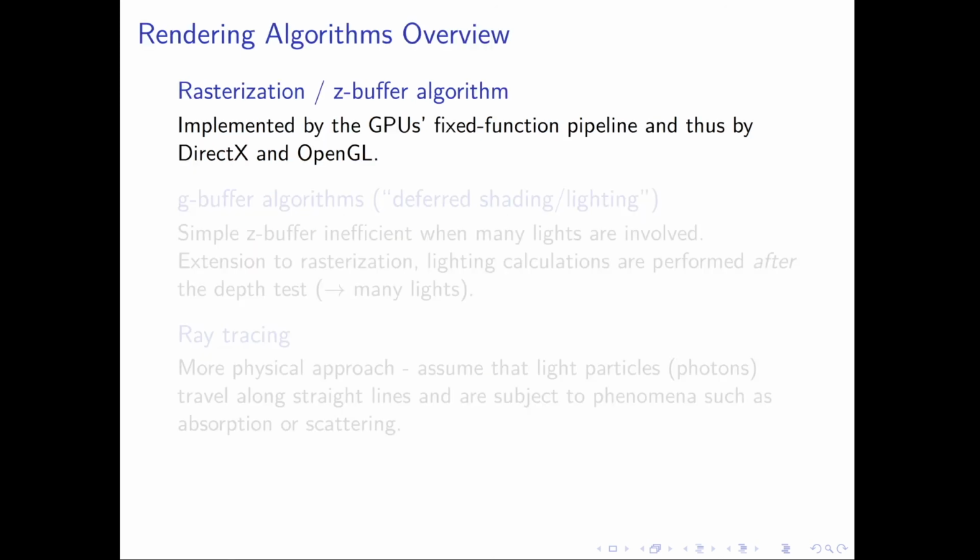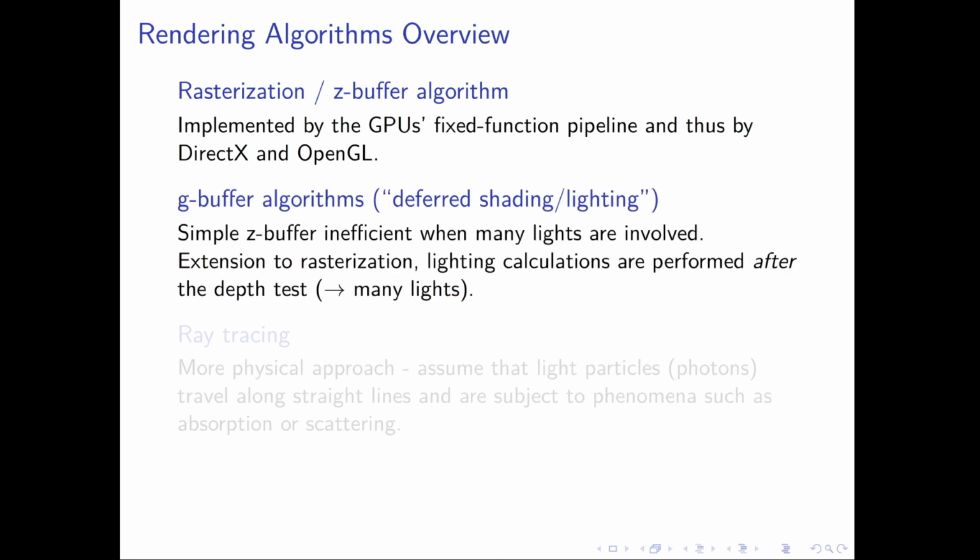The rasterization algorithm is the very first algorithm that we will discuss, so that we can later understand the fixed function pipeline of GPUs, the pipeline that was traditionally implemented by GPUs when the first GPUs came out. And then we will discuss the G-buffer or deferred shading, deferred lighting family of algorithms. This algorithm being an extension to the rasterization algorithm, what it supports is actually rendering with many lights.